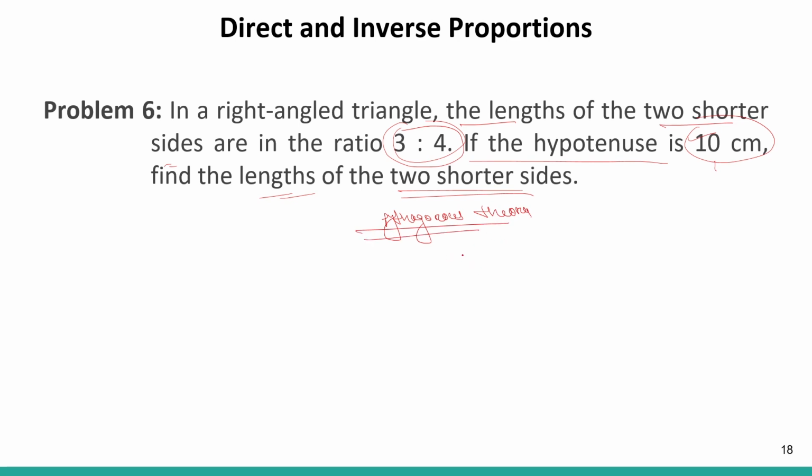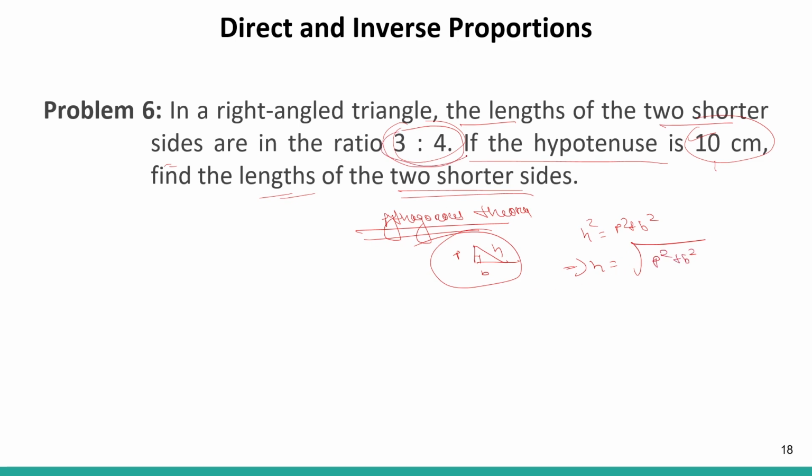It tells us that if we have a right angle triangle, with H the hypotenuse, P the perpendicular and B the base, then these three lengths have a common relation: H square is equal to P square plus B square. This implies that H is equal to the root of P square plus B square; it won't be minus, only plus.